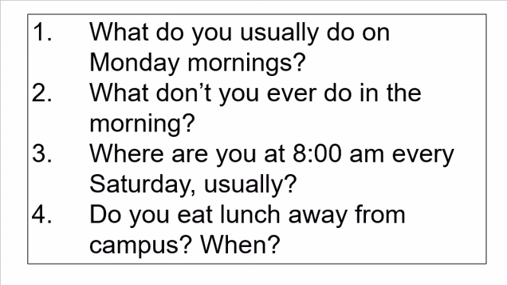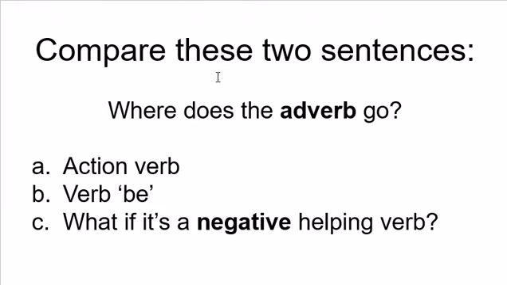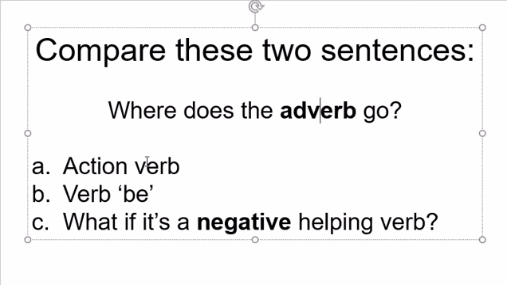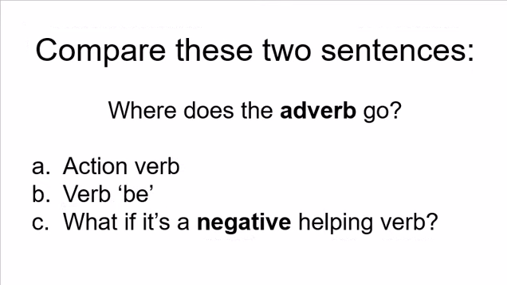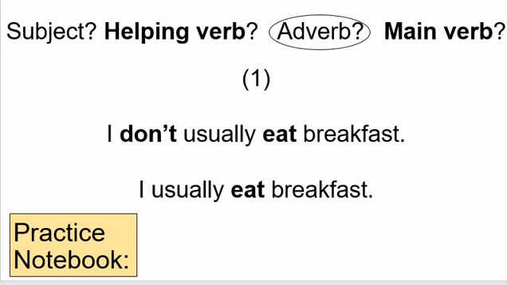All right. So let's look at the rules for frequency adverbs. So we will compare these 2 sentences, and I want you to notice, where does the adverb go? If you have an action verb, if you have verb be, or if it's a negative helping verb in the sentence, okay? So here are 2 sentences in your practice notebook. Can you find the subject, the helping verb, adverb, and main verb, okay?